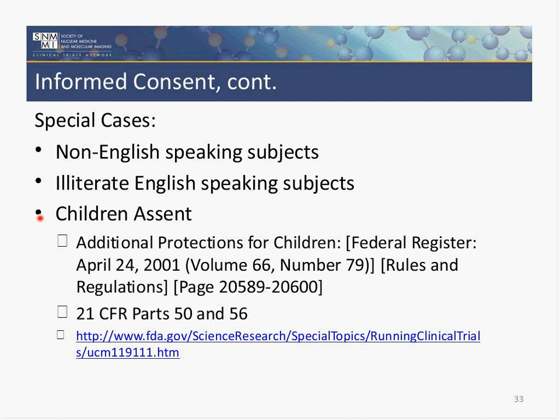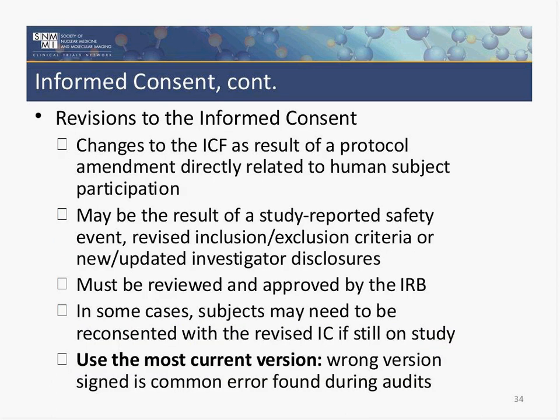And there's a concept called assent for children who are old enough to understand what's happening and to give their permission, but are not considered legal adults. So for anyone who is old enough to have a conversation with, they typically go through a process called assent instead of consent. It's a similar concept in that they agree to be in the research study.